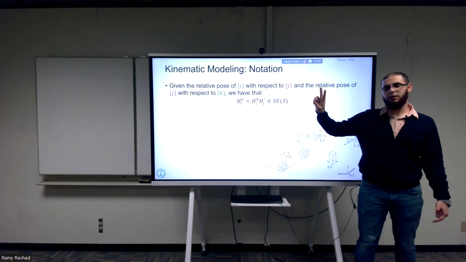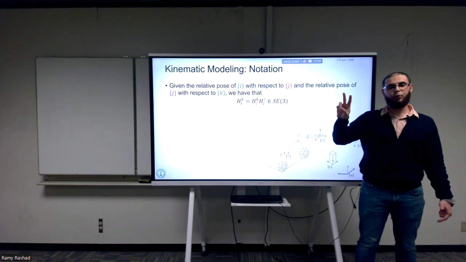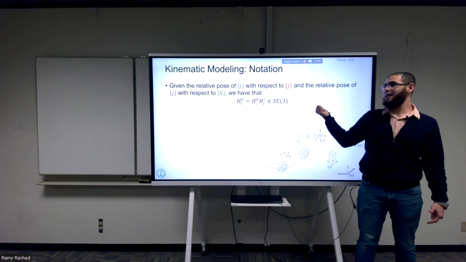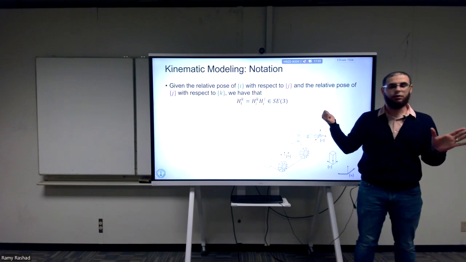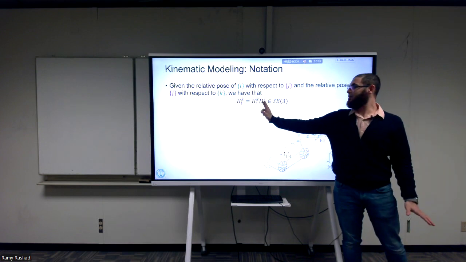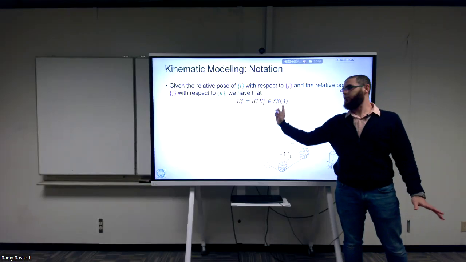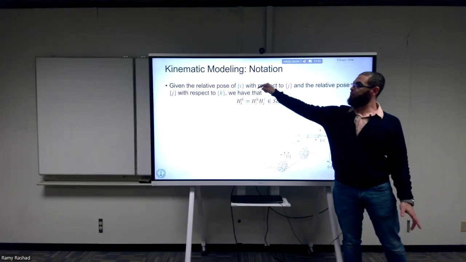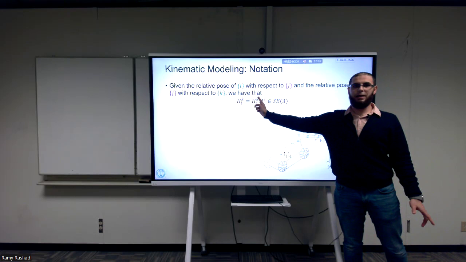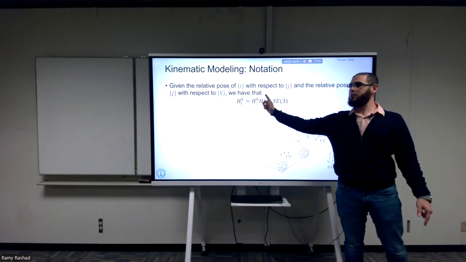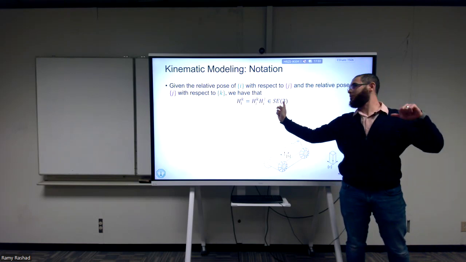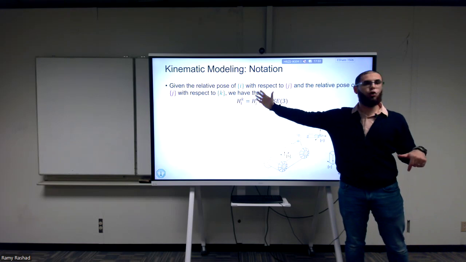And remember that the group operation is not commutative in general. So SEN is not an abelian group in general, which means that H of I with respect to J pre-multiplied by J with respect to K is not the same as I with respect to J post multiplied by J with respect to K. Okay, so the order matters here.